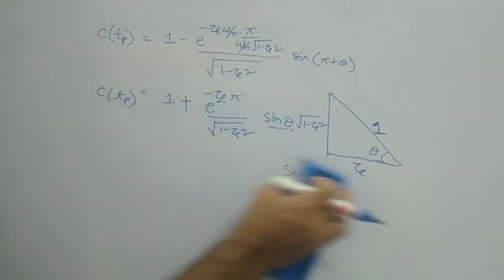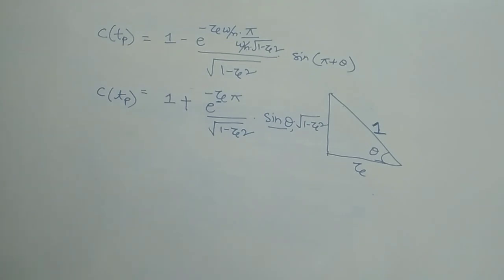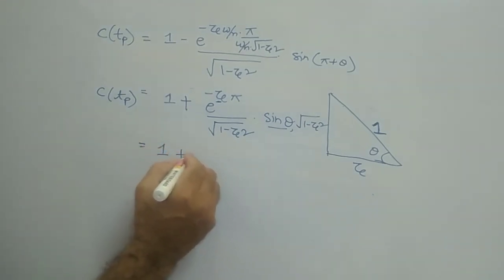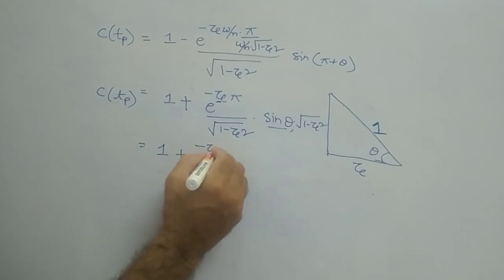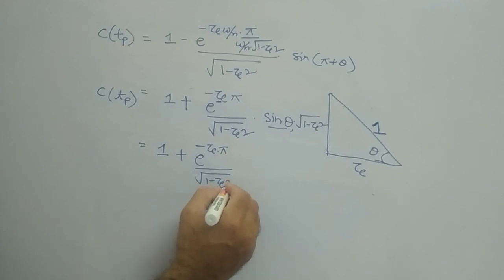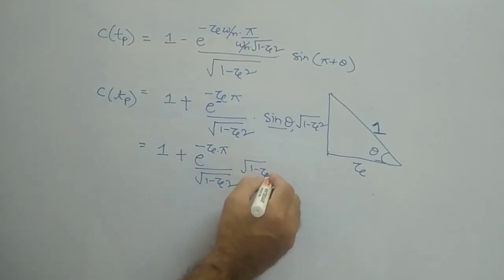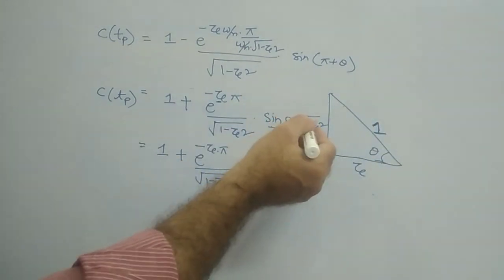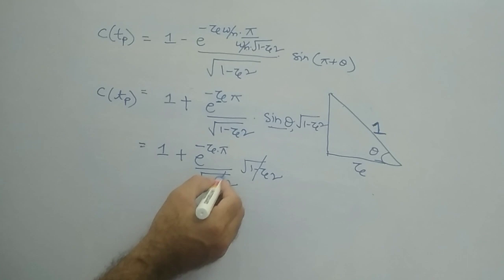Then substitute that value here. What is your next expression? 1 plus e power minus zeta pi by square root of 1 minus zeta square, into square root of 1 minus zeta square. Since sine theta is square root of 1 minus zeta square by 1, these two values will be cancelled out.